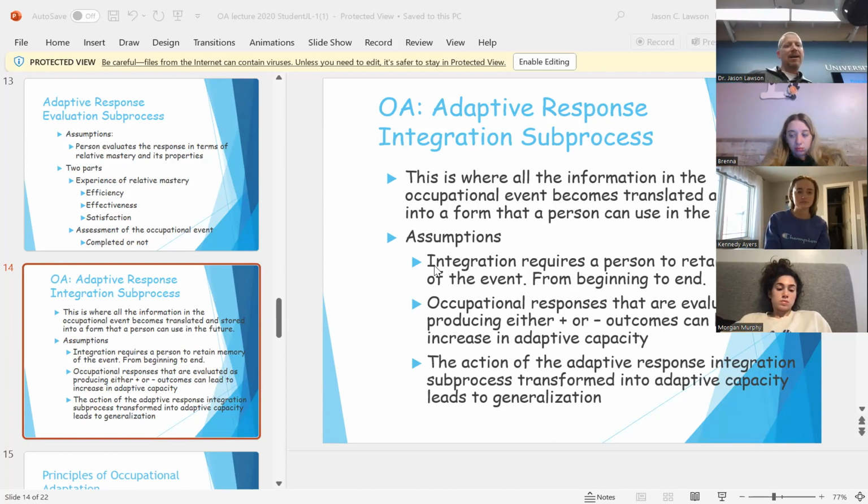It's us as the OT that's going to maybe facilitate changes in the environment. But really, we want to empower our client to go through this adaptation process. And we want to point out those things that they're having to adapt, point out their responses, and give them other strategies for responding more appropriately and adaptively.